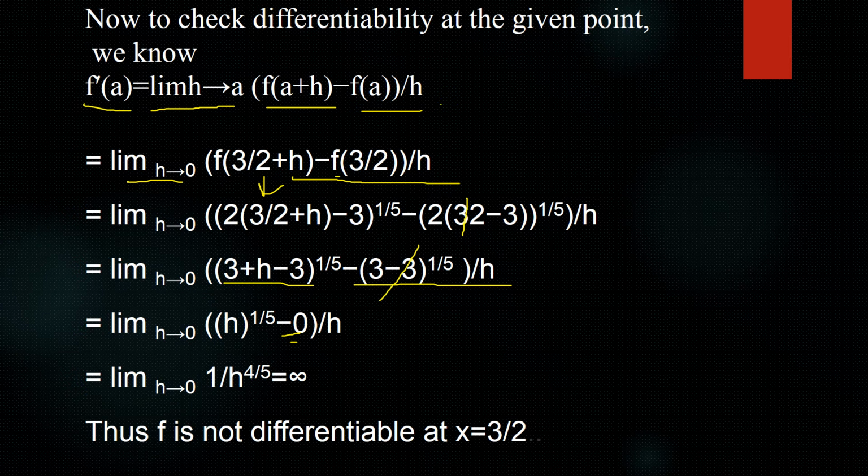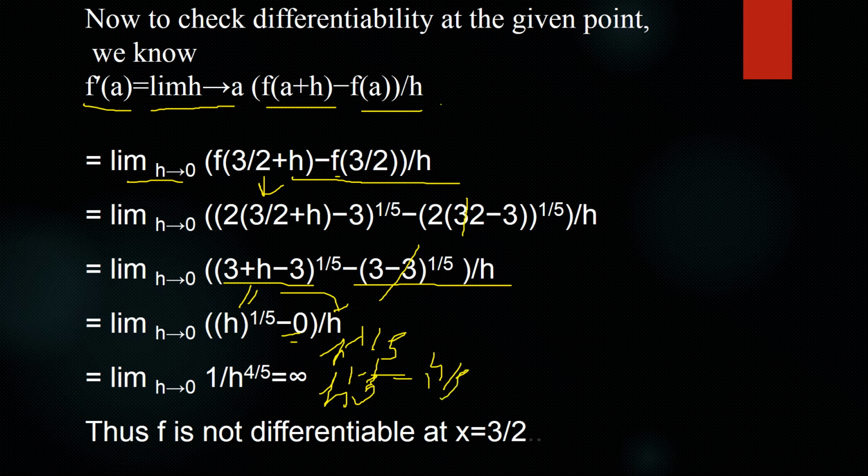This is the numerator. When it goes to the denominator, the sign of the power is changed, so it becomes minus 1 by 5. So here h power 1 minus 1 by 5, which is equal to h power 4 by 5.